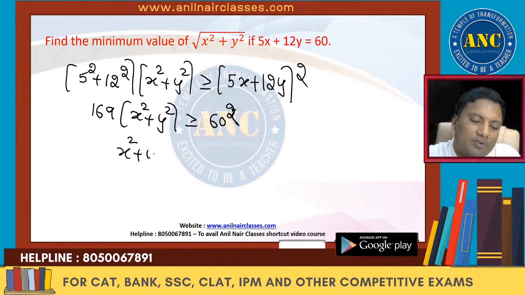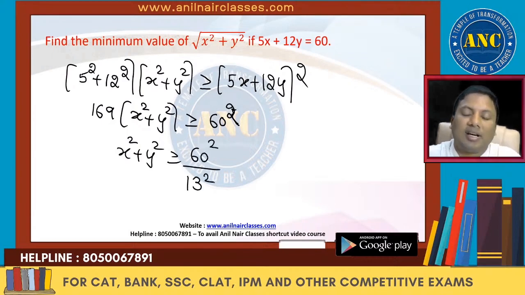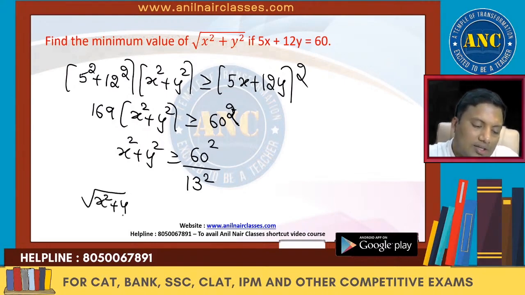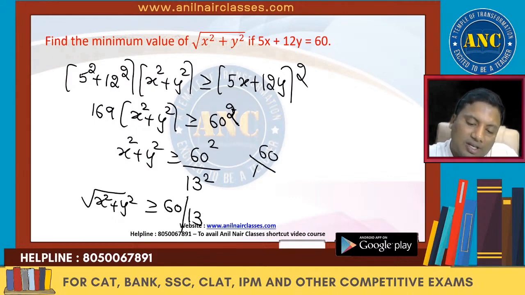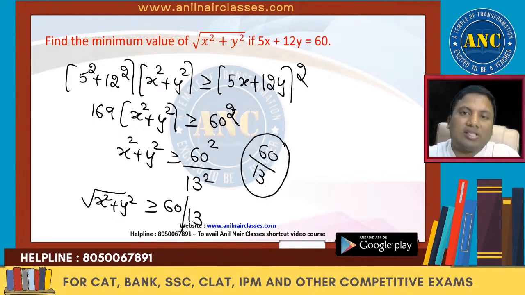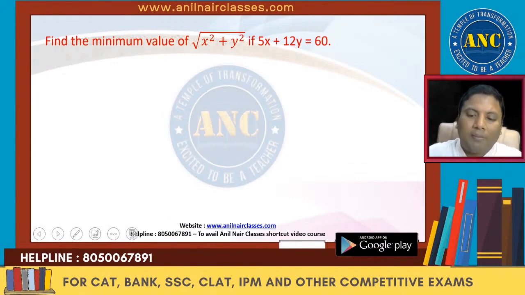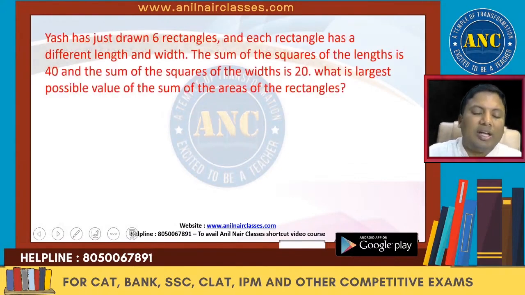X square plus y square is greater than or equal to 60 square by 169, and 169 is 13 square. If I apply the square root, it is greater than or equal to 60 by 13. So the minimum value for this expression is nothing but 60 by 13. I hope the idea is clear. All are based on Cauchy-Schwarz inequality.